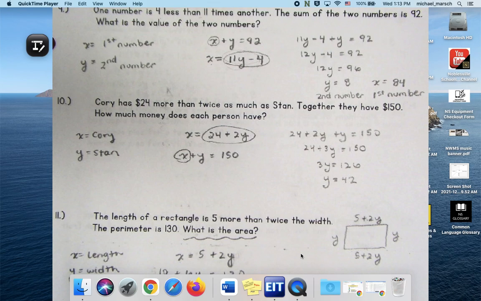So I know that Stan has $42. We know that Corey has more than him because it's 24 plus twice as much, right?